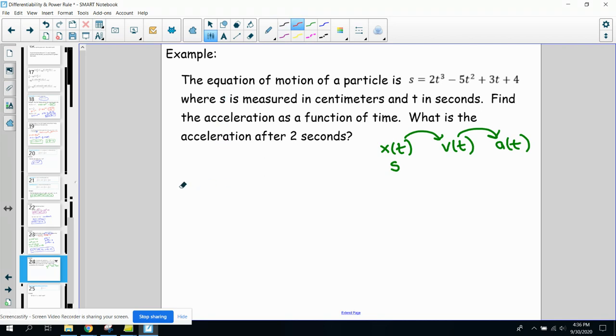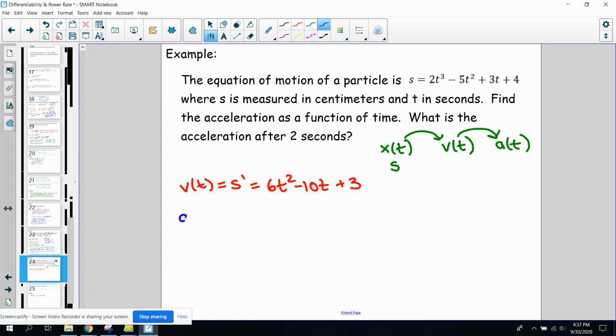So we have the position. What we're going to do is find the velocity first. The velocity is equal to the derivative of the position, which is here. So I'm going to find the derivative of this using the power rule. So 6t squared minus 10t plus 3. That's the equation for the velocity. And now we have to find it for the acceleration.